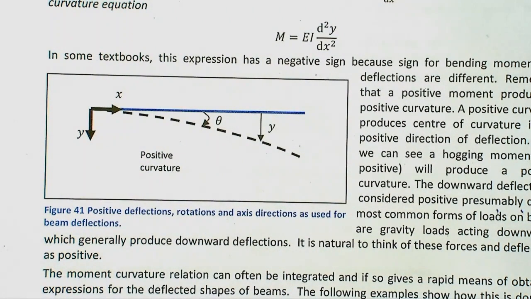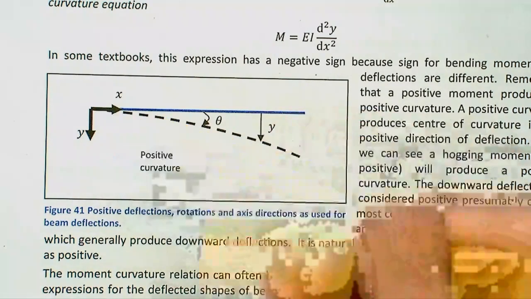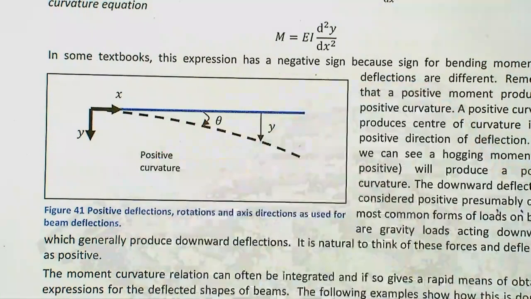Why do we do that? Normally you take positive deflection as upward, but the loads that we have on structures are downward due to gravity. So it makes sense to have the deflections due to positive load as positive as well. So many books will take positive deflection as downward.